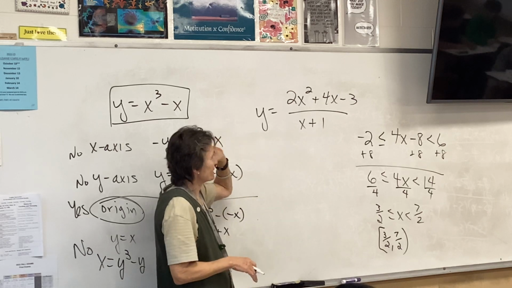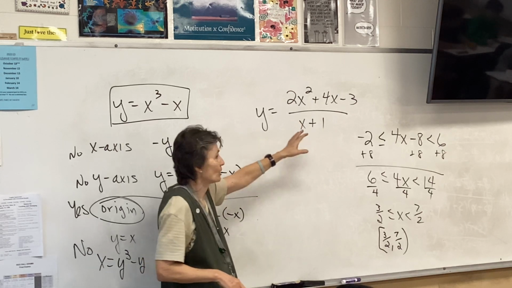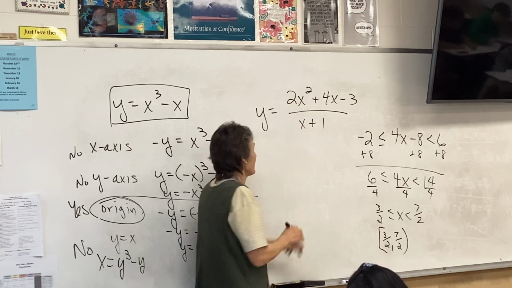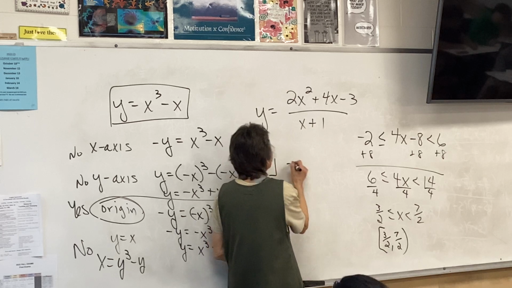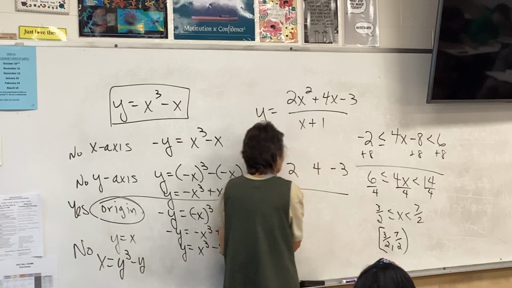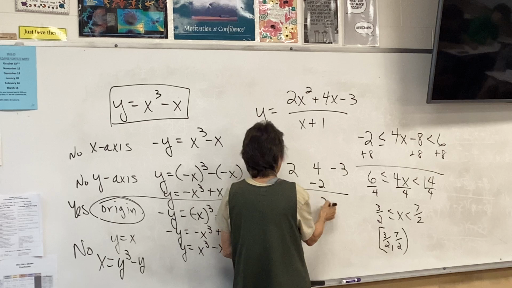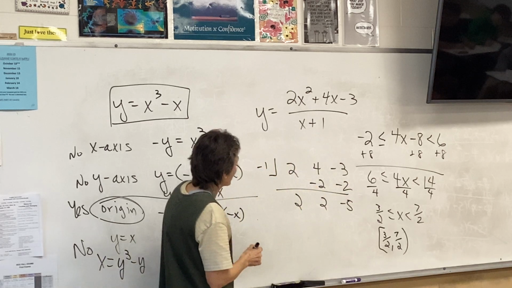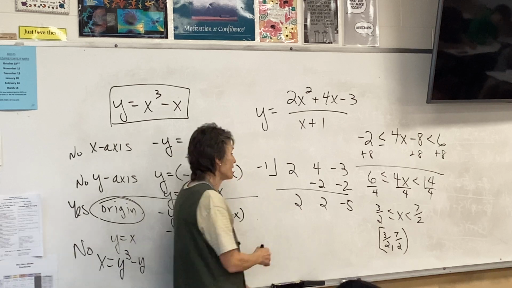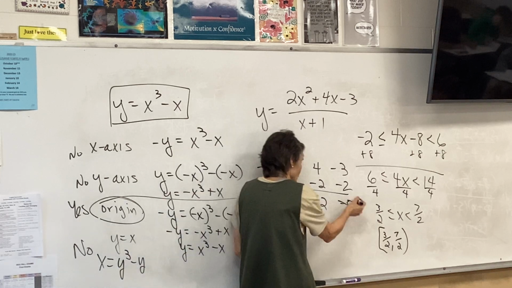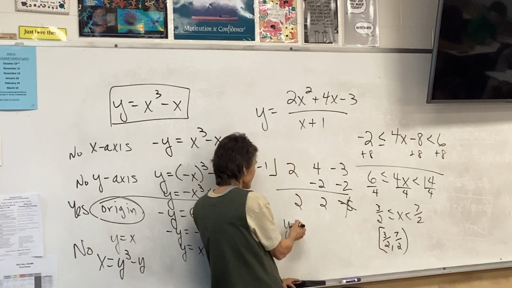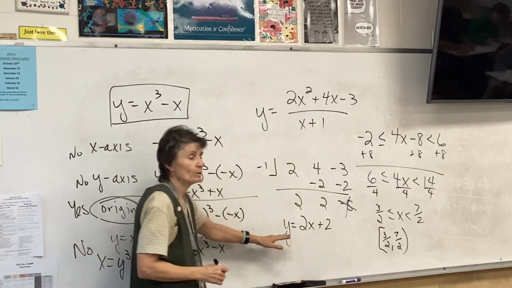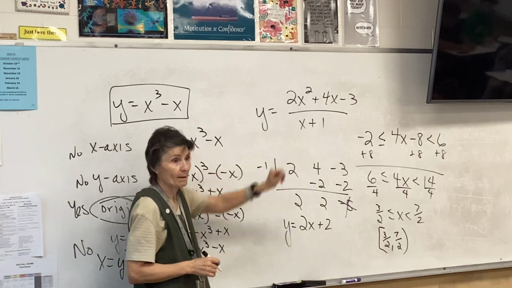This problem, I can tell immediately, has a slant asymptote because the power on top is bigger. To find the slant asymptote, I'm just going to do the regular division of the problem, hopefully I did that right. And then the remainder, get rid of that. The asymptote is the quotient here, which is 2x plus 2. So that would be the slant asymptote for that problem.